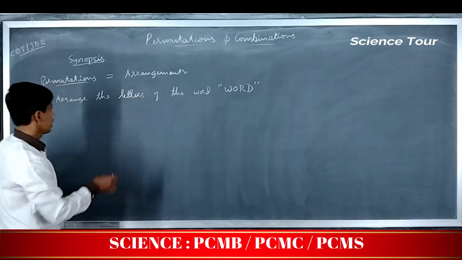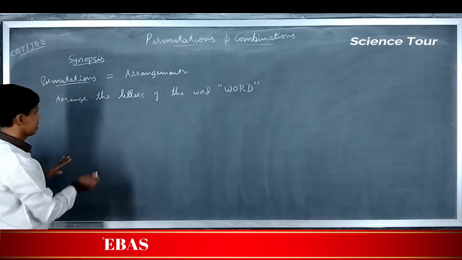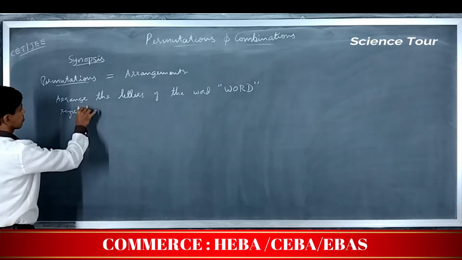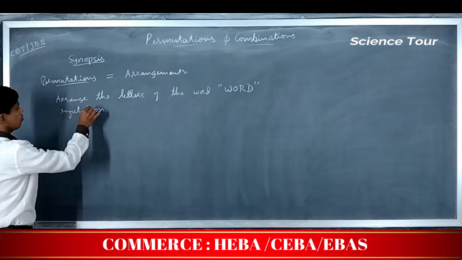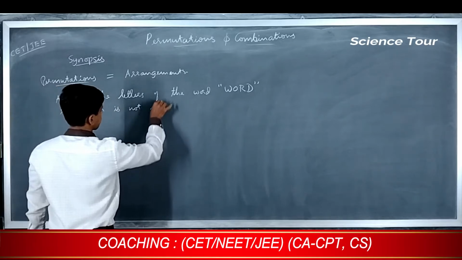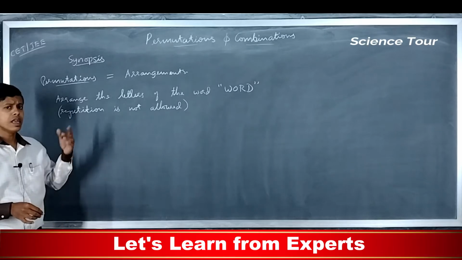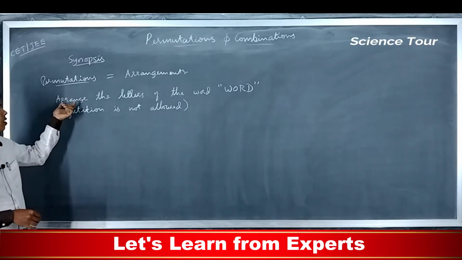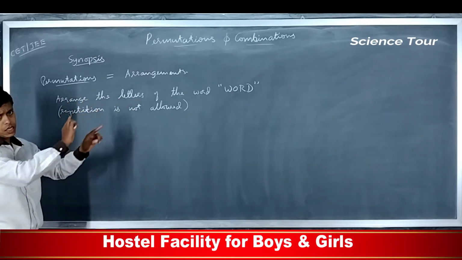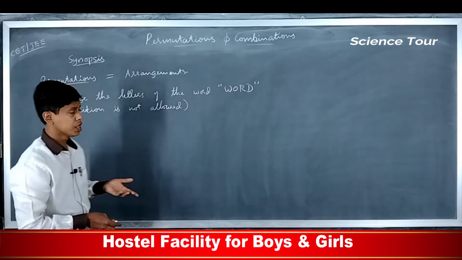So those 4 letters have to be arranged in what way, so that repetition of the letters is not allowed, all right. So you are not allowed to repeat the letter, and you have to make a 4 letter word. You have to just arrange those letters, okay. So you just have to change their positions and get different words with or without meaning.